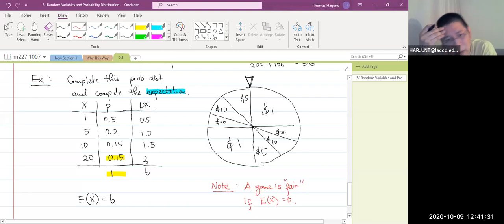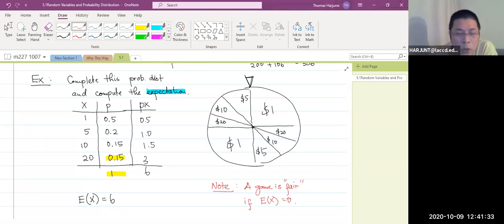If the expected value is 0. Now, so how to make this game fair? Well, whoever wants to spin this wheel needs to pay $6. Okay, because you expect to win $6, right? So if you want to play, once you spin it, you need to pay $6.